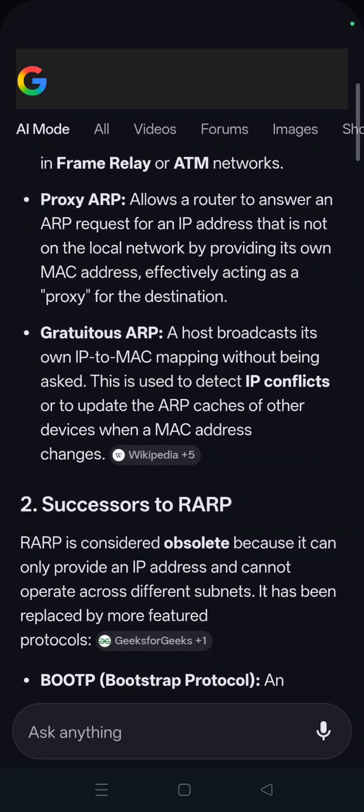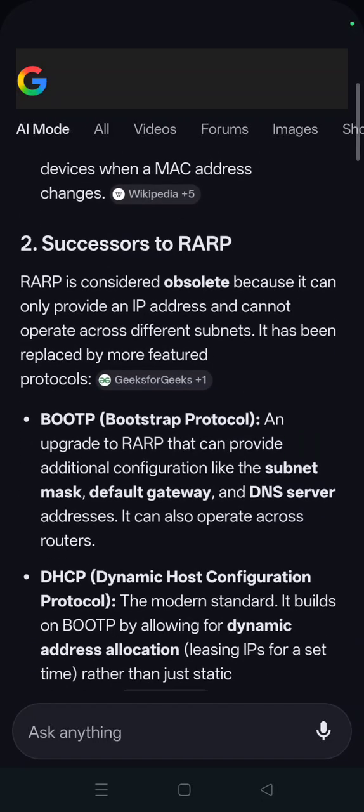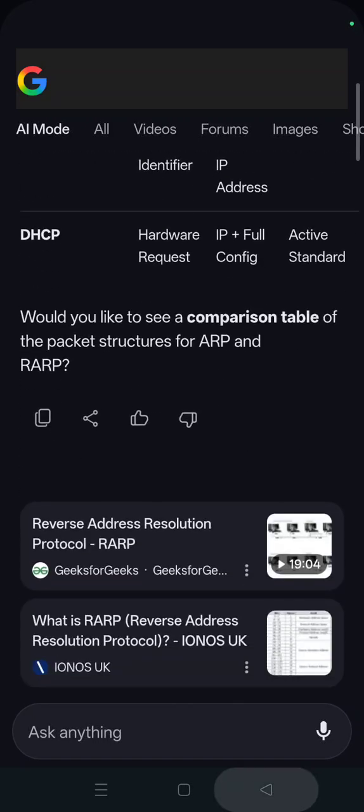This is used to detect IP conflicts or to update the ARP caches of other devices with a MAC address. Successors to ARP: BOOTP.